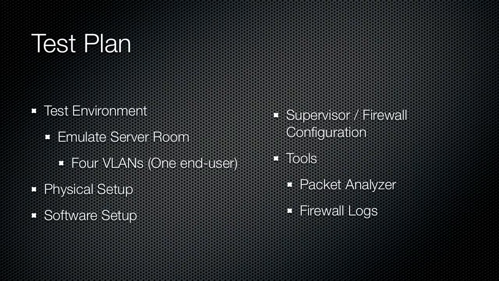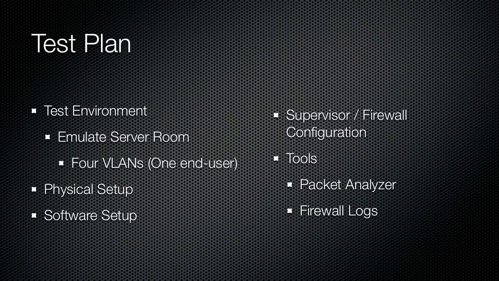For the test plan, like I said earlier, the testing is extremely important. For the test environment for the firewall, we're emulating a server room with multiple VLANs, which represent the server VLANs that exist. Physical setup is a basic network with the Cisco chassis.